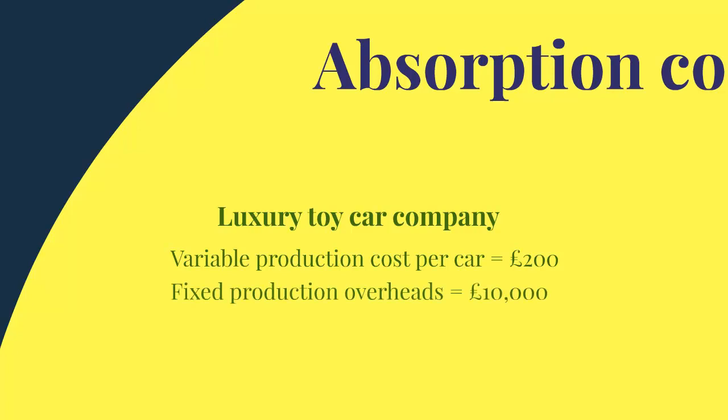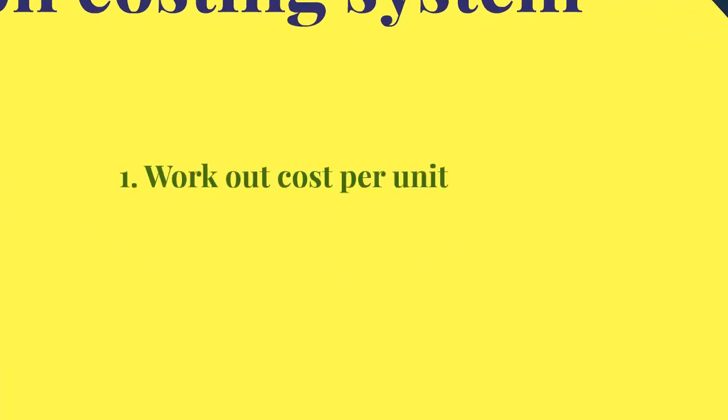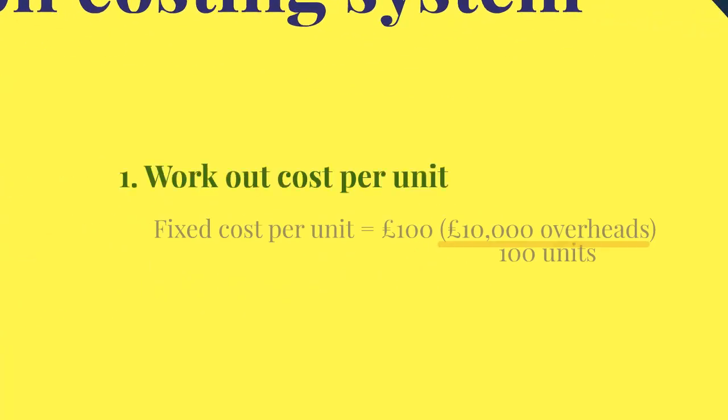Now, we also have fixed production overheads of £10,000. And we produce 100 toy cars. So as we're using an absorption cost system, we now need to absorb that £10,000 into our cost of production. So we work out our cost per unit as a start. So we know that our overheads are £10,000 and that our units are 100, we produce 100 cars.